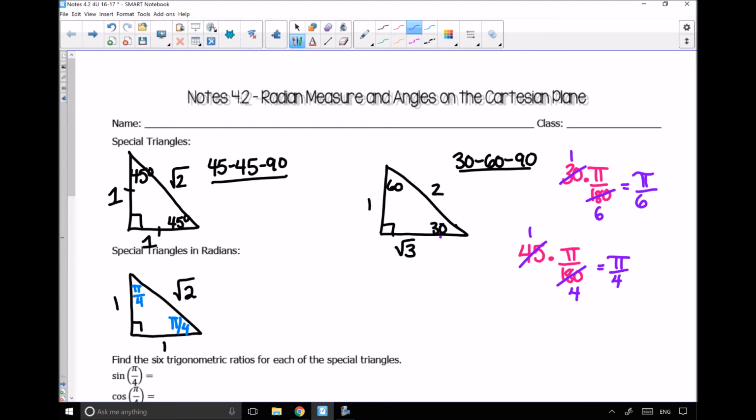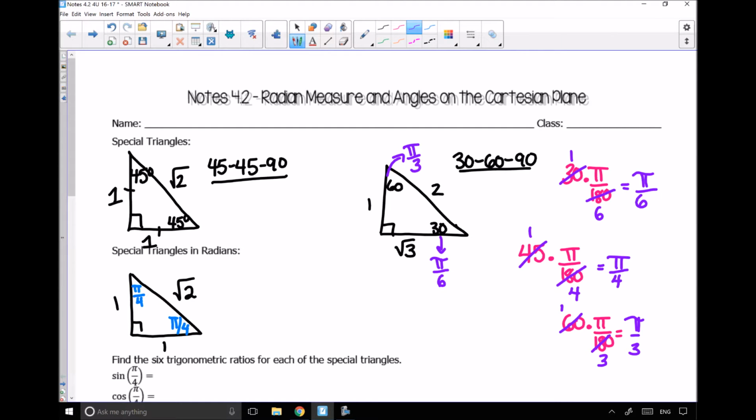This 30-degree angle is like saying pi over 6 in radians. I'll do the same thing for my 60-degree angle. 60 times pi over 180, let's simplify right here. They're both divisible by 60. This becomes a 3, this becomes a 1, so I get pi over 3. So I know that this angle up here is pi over 3.